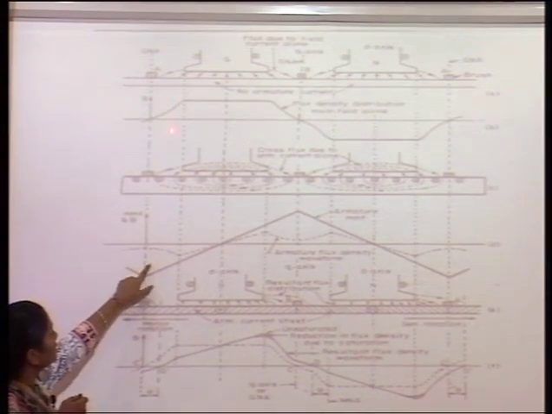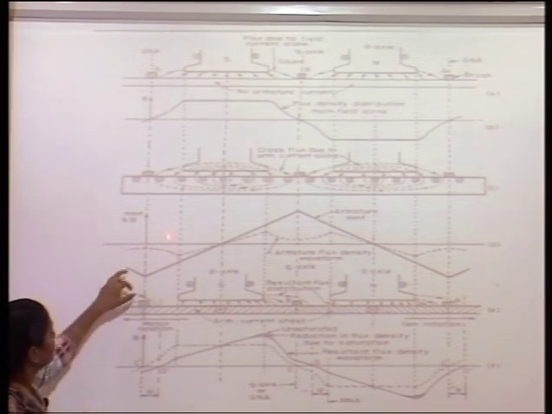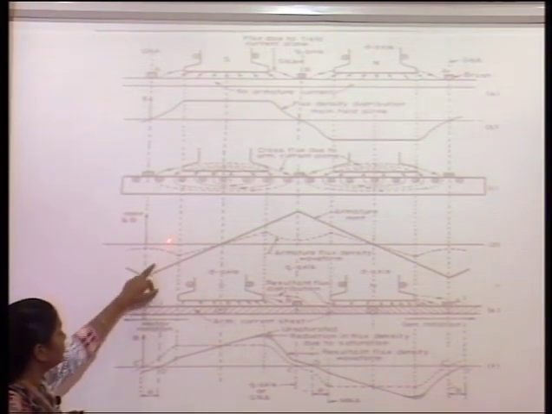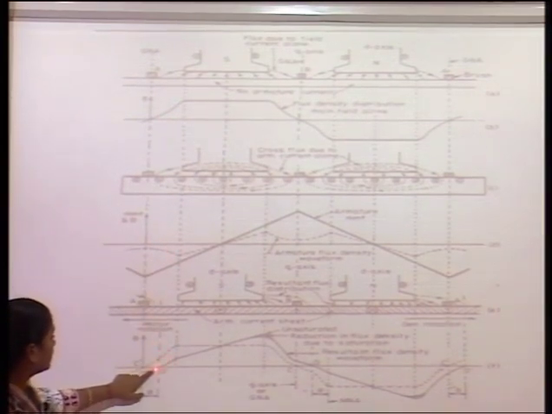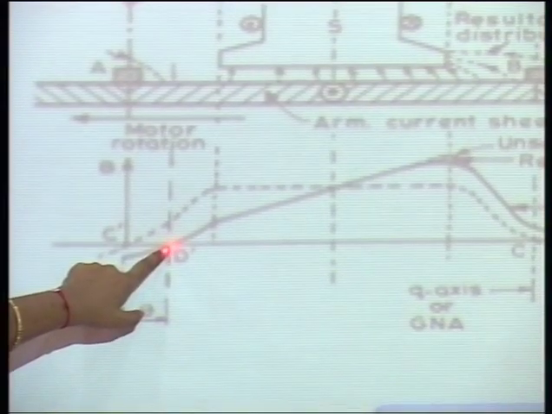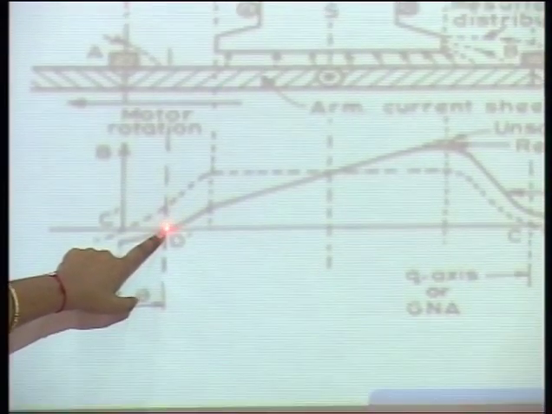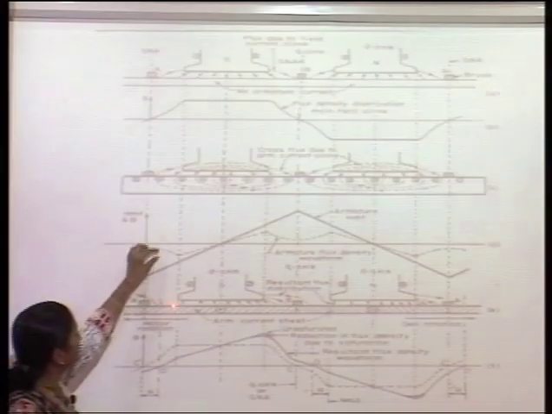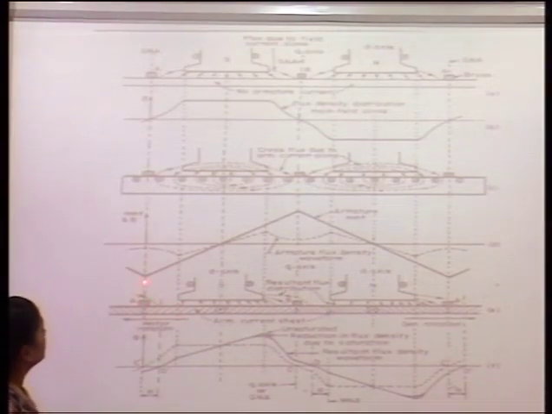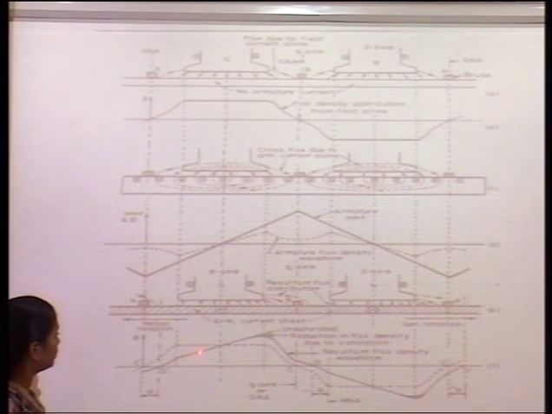So, somewhere the positive fluxes and the negative fluxes will be equal, then the flux will cross through the 0. Flux will cross through the 0 when these two flux densities in the opposite directions are the same. So, it will cross through the 0 and then it will increase in the positive direction, or in the direction of field flux.